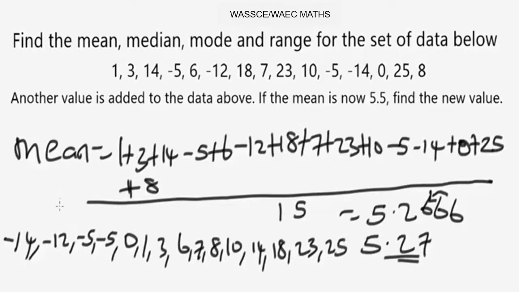So let's check if it is up to 15 values: 1, 2, 3, 4, 5, 6, 7, 8, 9, 10, 11, 12, 13, 14, 15. So it's up to 15.